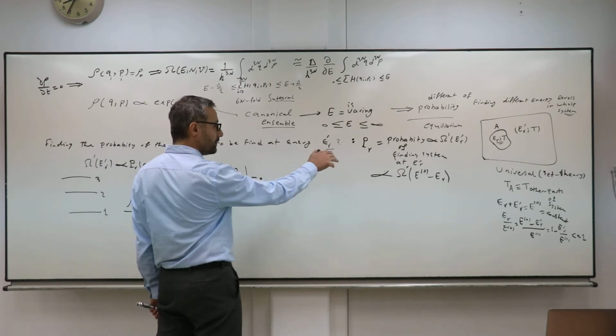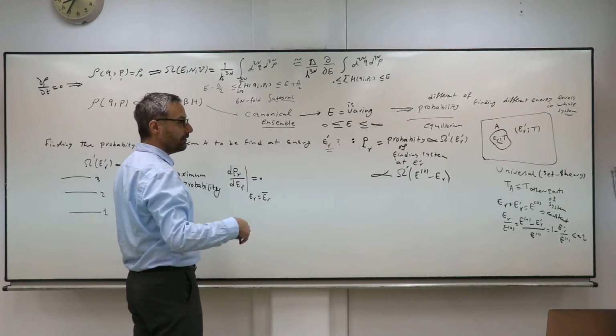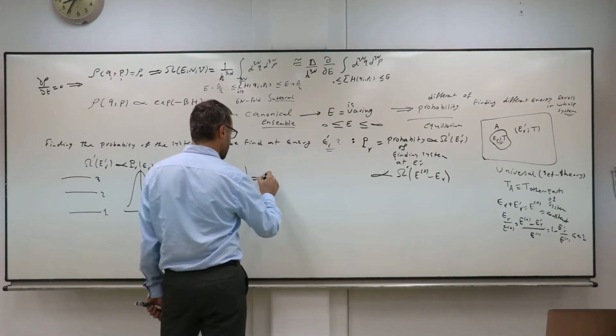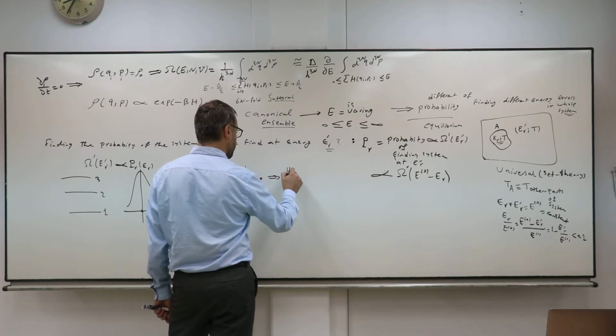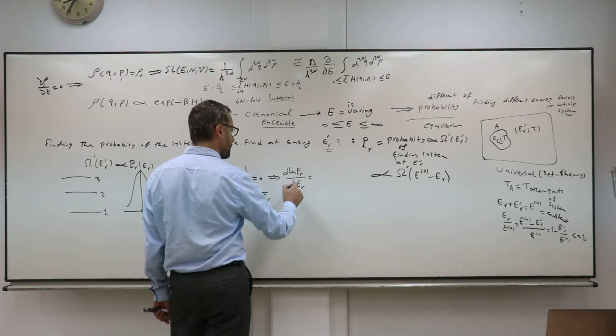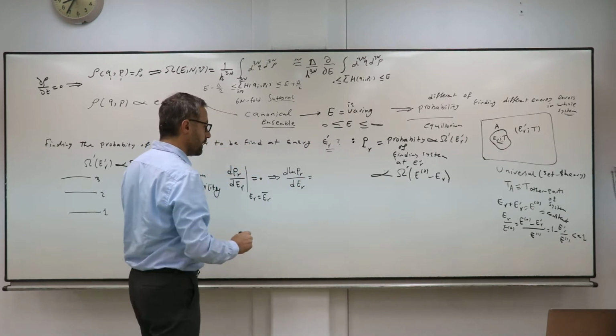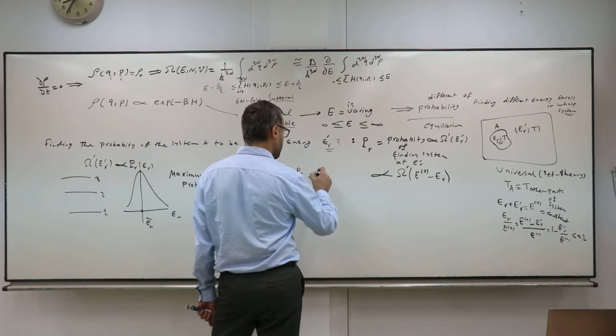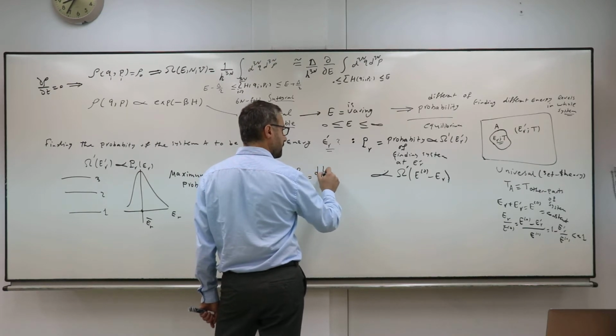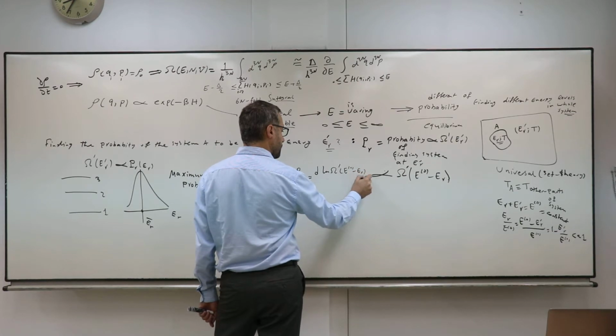Because these functions are exponential and factorial and so on, to make the derivative it is better to take the logarithm of those. So we take the logarithm of omega E prime, which is minus ER.